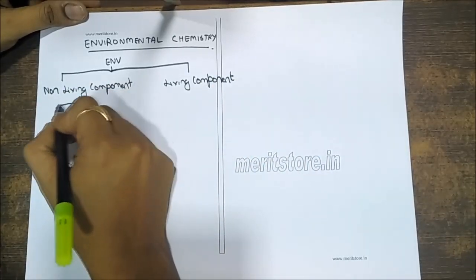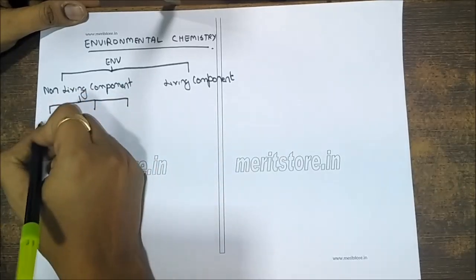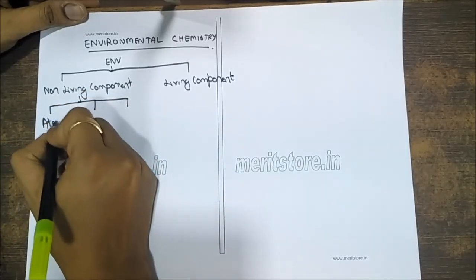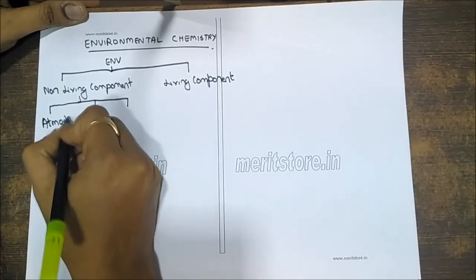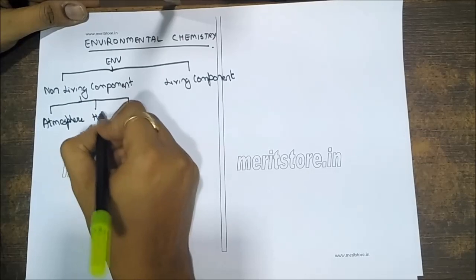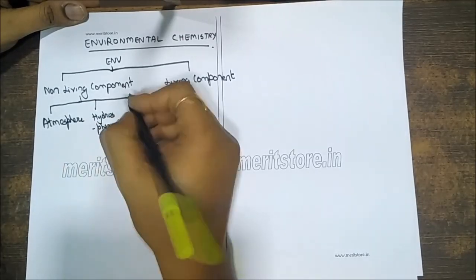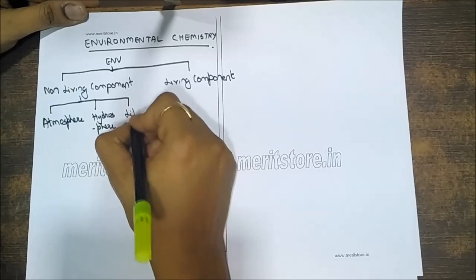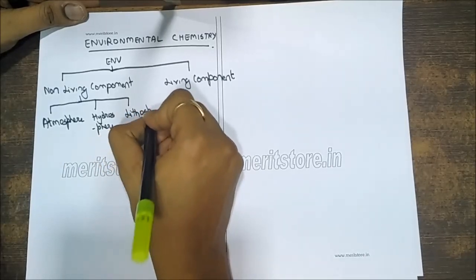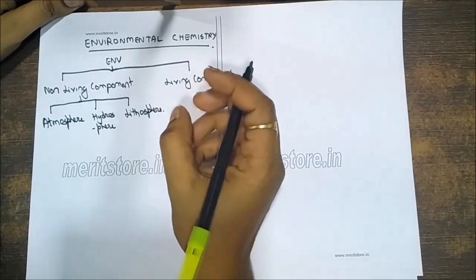The non-living component comprises three parts: atmosphere, hydrosphere, and lithosphere.